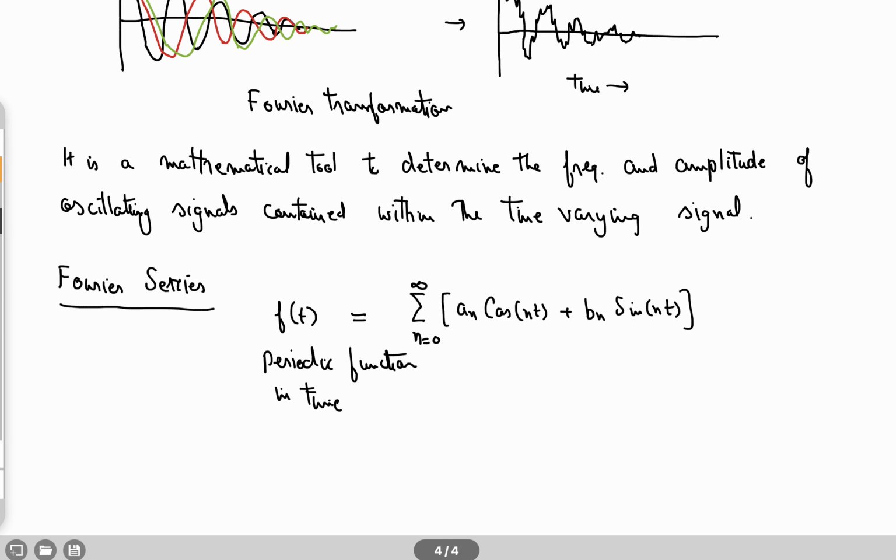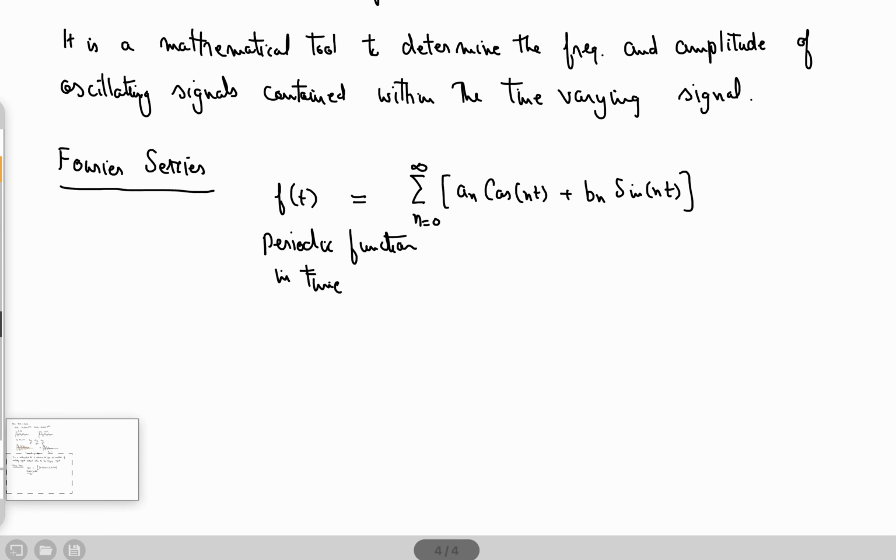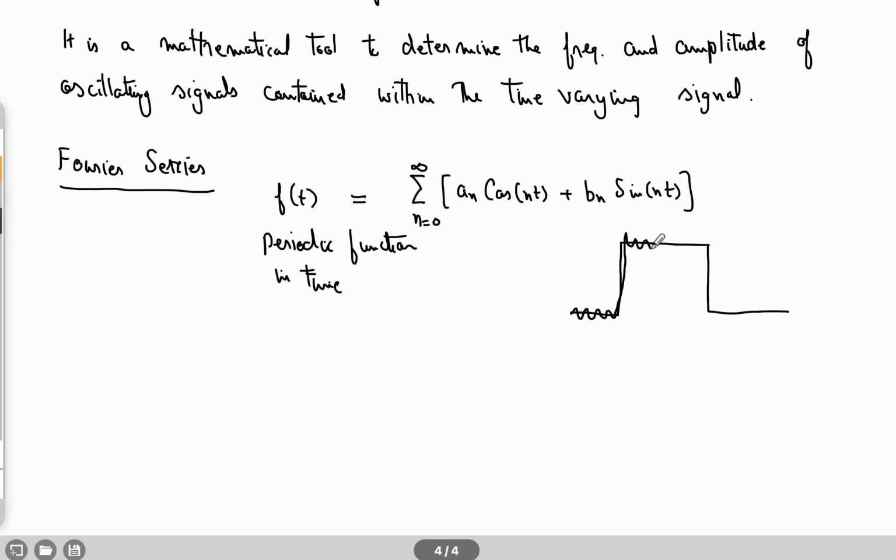So what I mean is that, let's say you have a square wave. I can always write the square wave as a linear combination of sines and cosines, like this, right?